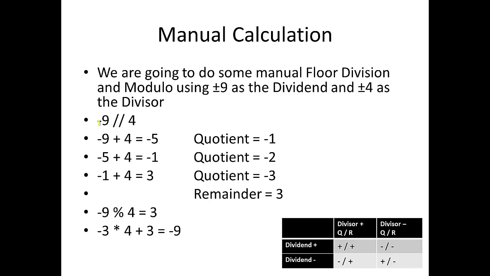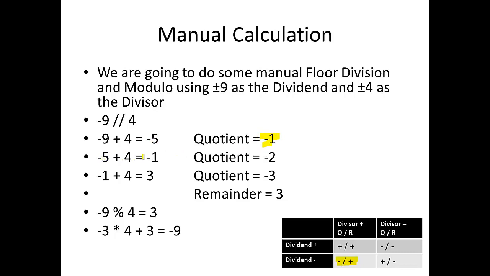And for the fourth case, we have negative 9 divided by 4. So the dividend is negative and the divisor is positive. So now we're in this fourth case. So here again we're trying to get towards 0, so we have to add 4. So we add 4 and we get negative 5. So quotient is negative 1 so far.